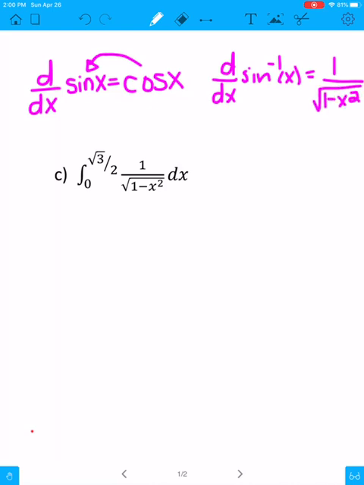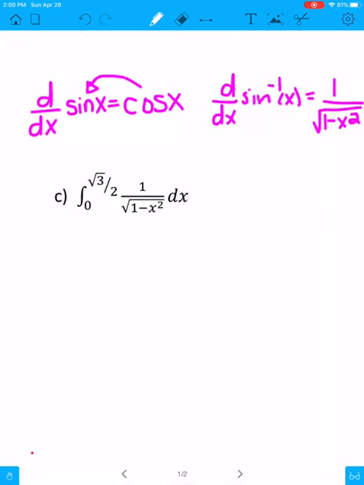Okay, so the antiderivative of 1 over the square root of 1 minus x squared is sine negative 1 x. So our first step is to write the antiderivative. So sine negative 1 x plus c from 0 to root 3 over 2.